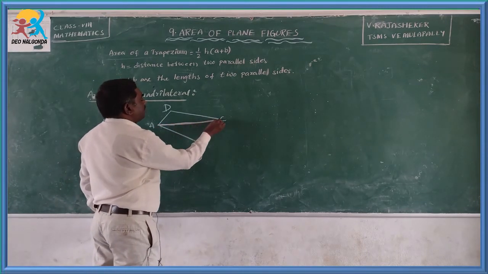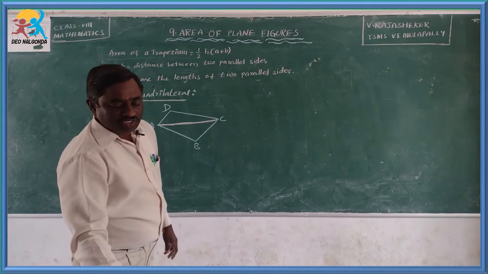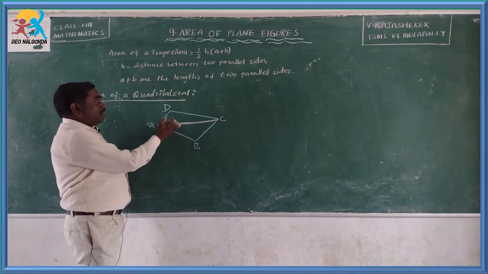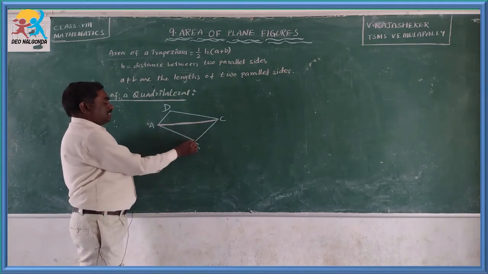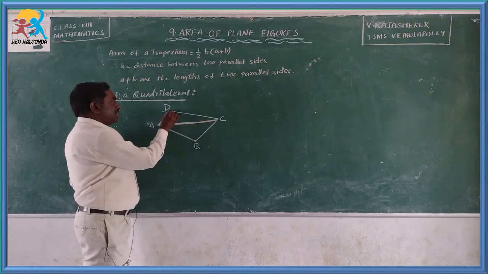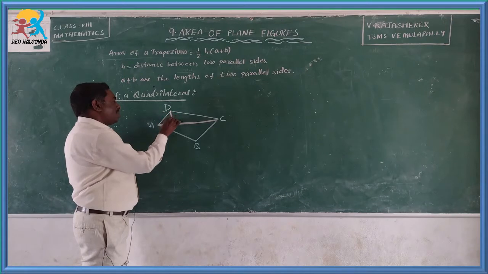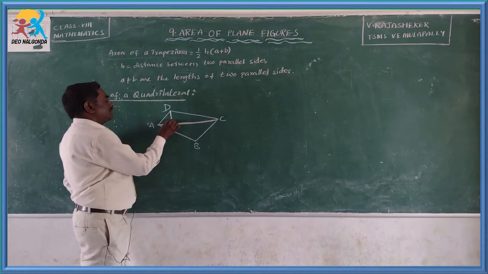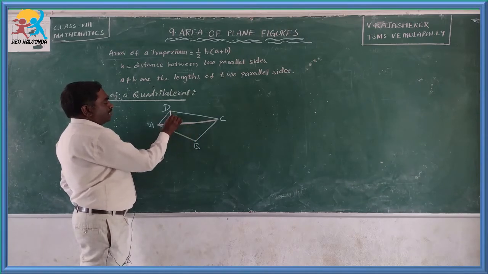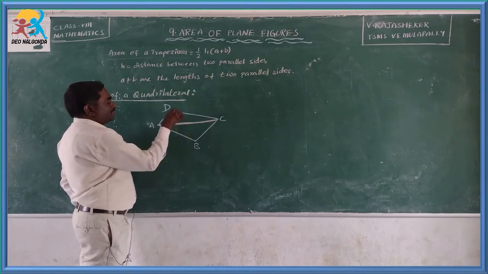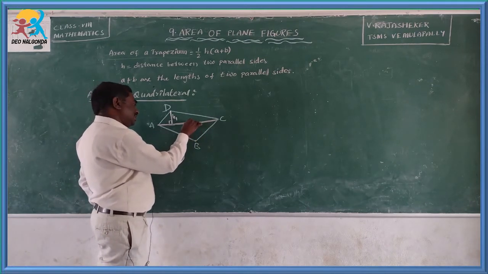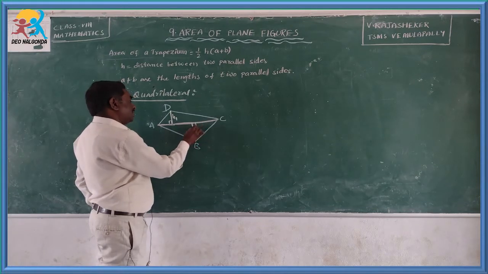AC is the diagonal, and let us draw two perpendiculars from the remaining vertices. So, from D onto AC, let us draw one perpendicular line. Let us say it is H1, and from B to AC another perpendicular line.